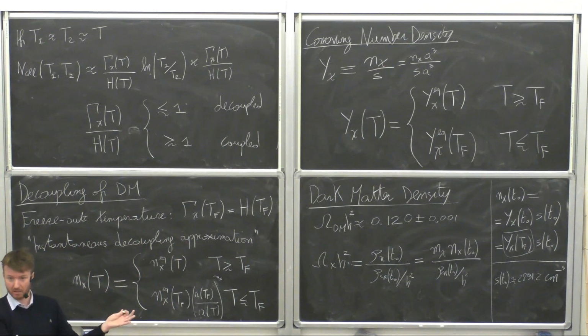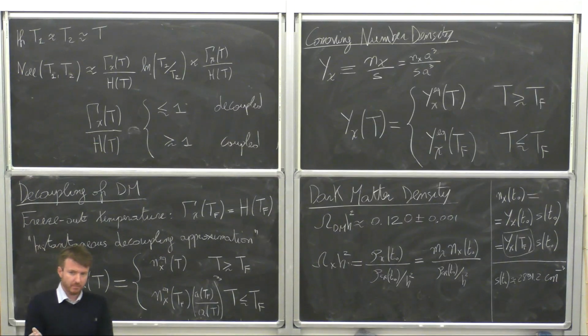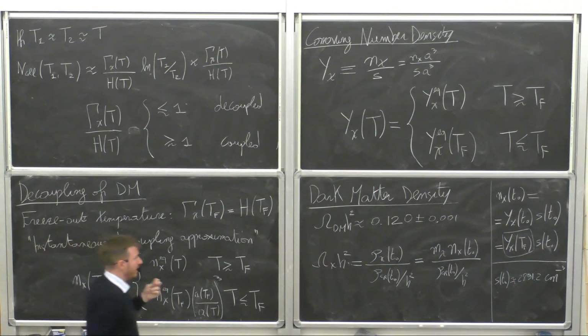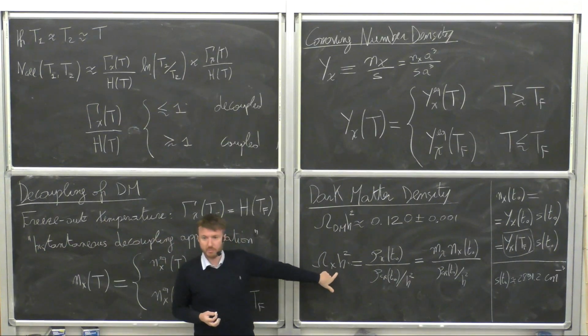It's not ideal, of course, because all the experimental rates will be suppressed by the ratio of the density, the fractional contribution to the density. But it's okay, it's acceptable. If this number ends up being more than 0.12, then you are excluded because you cannot produce more than what you observe. Okay?